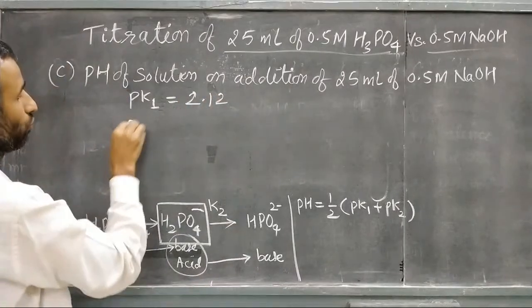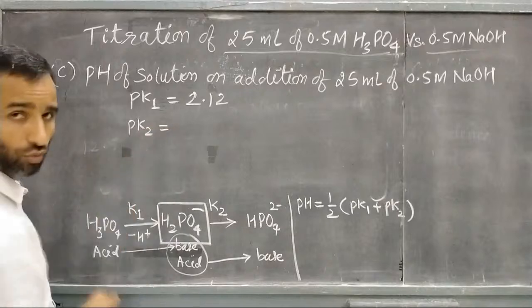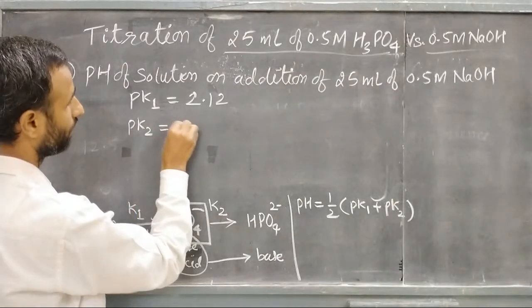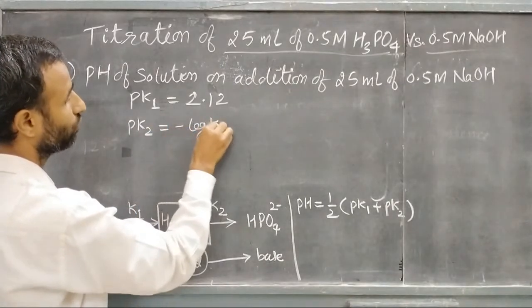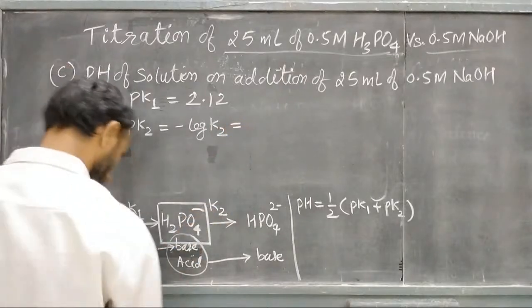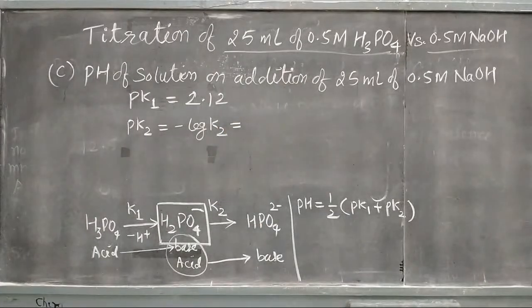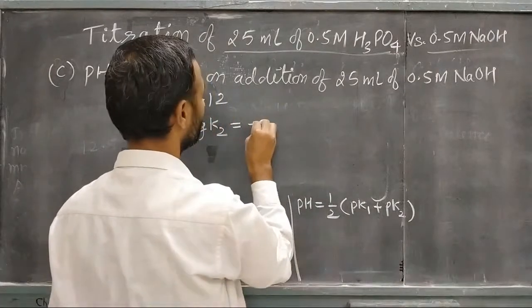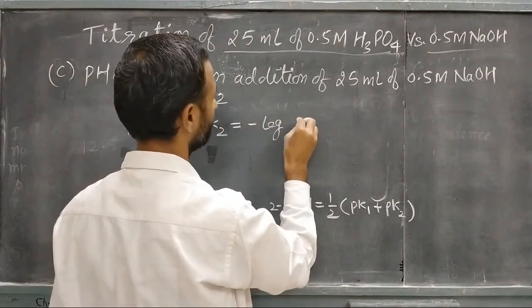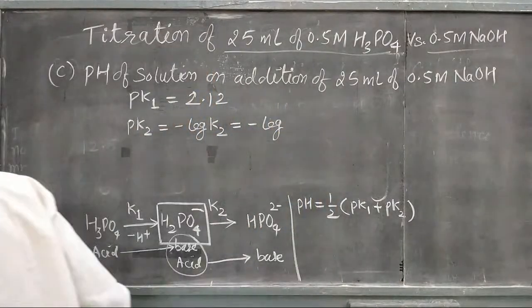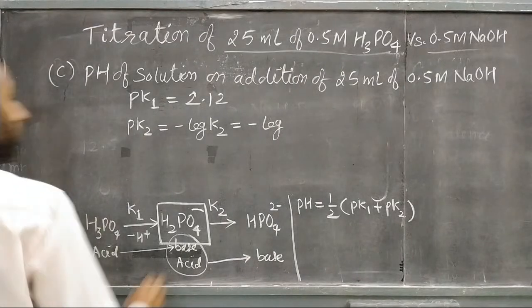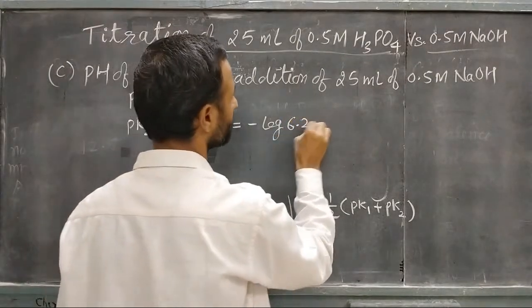Now pK2 is equal to minus log of K2. What is K2? The value of K2 is 6.2 into 10 raised to minus 8.